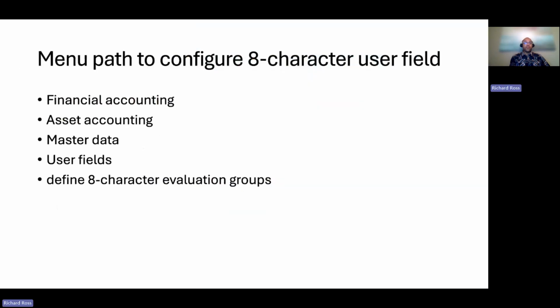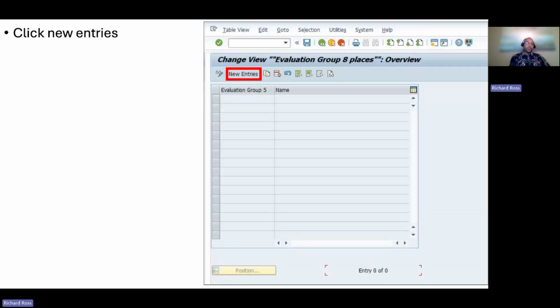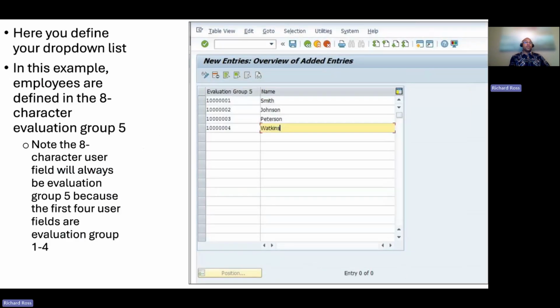Okay, menu path to configure the 8-character user field. Financial accounting, asset accounting, master data, user fields, define 8-character evaluation groups. Click new entries. Okay, so here you define your drop-down list again, except we're doing it for the 8-character evaluation group. So here we're using names in this example, because typically you might have a whole lot of names.